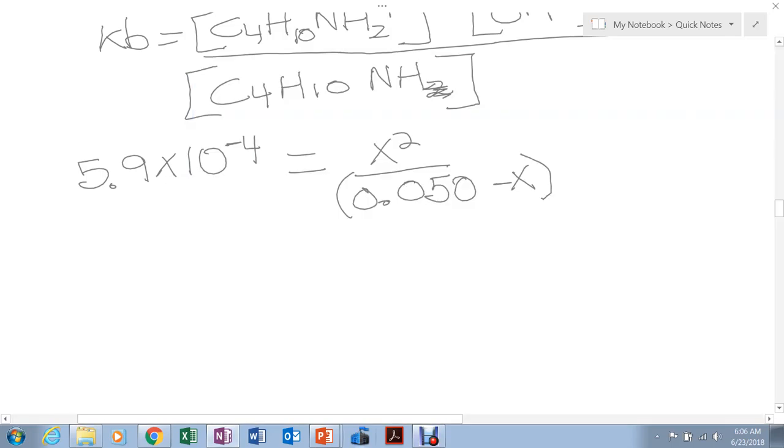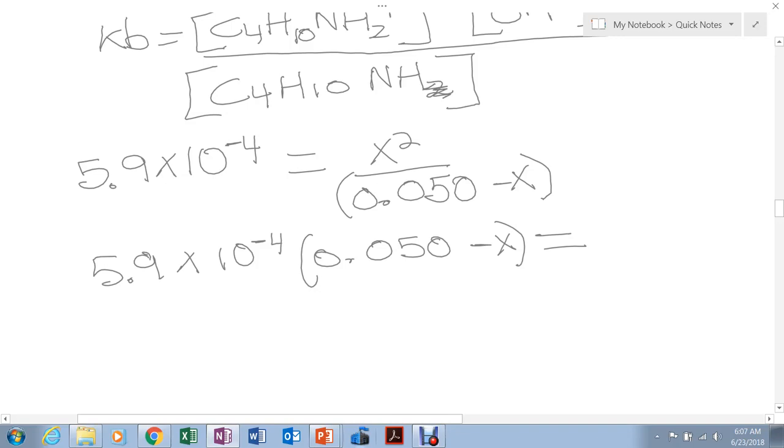What I did is took the value I got from x with the whole equation and just did the 5% check, and it gives me like 10%, so there was no way we could drop it. So 5.9 by 10 to the negative 4, multiplied, I'm taking this to the top, 0.050 minus x equals x squared.